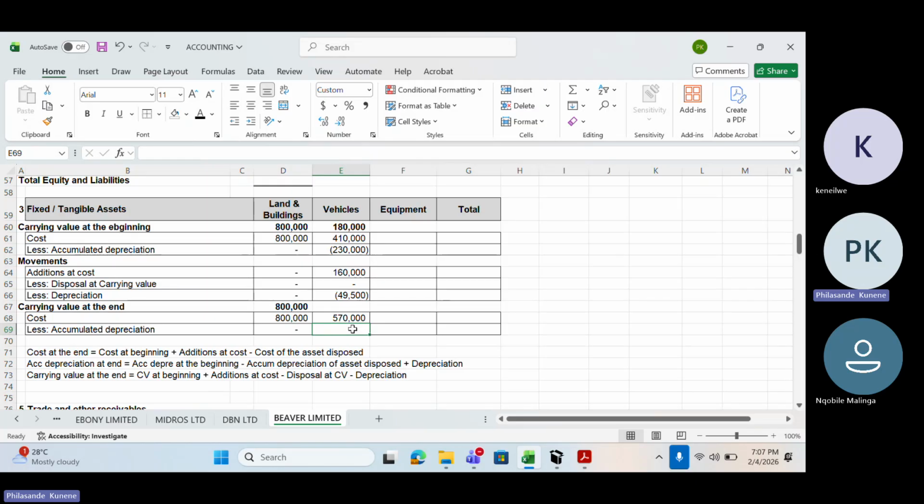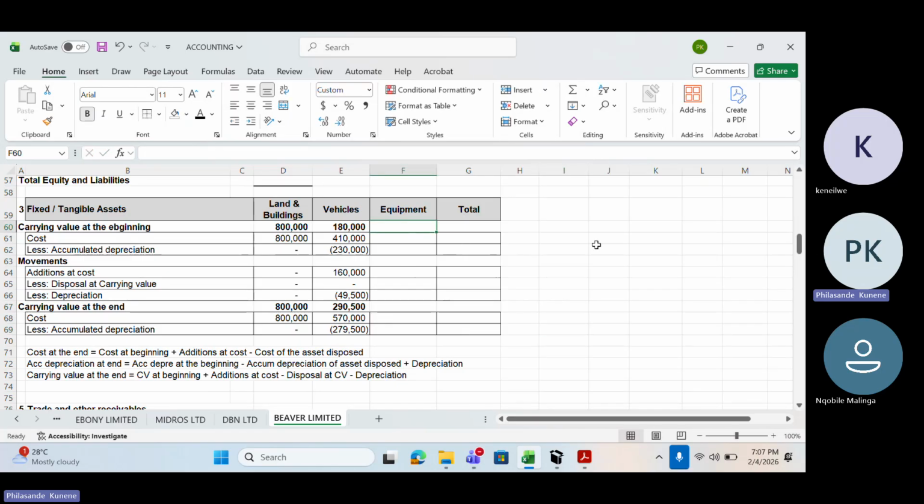How much are we getting? 279,500 rands. That is my accumulated depreciation at the end. And then my carrying value is going to be 290,500 rands. That is my carrying value.